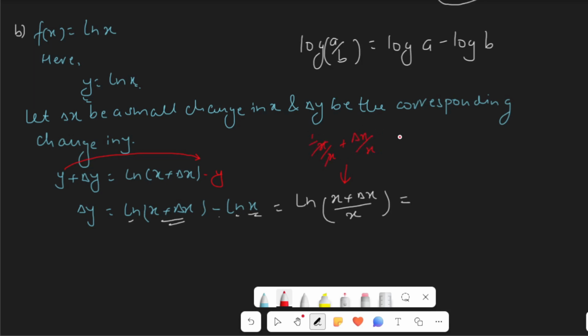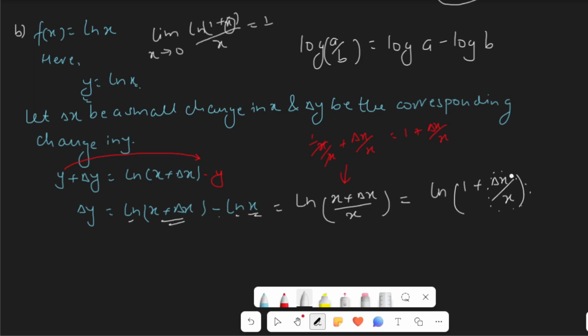And this is 1. So it is equal to 1 plus delta x divided by x. So we can write this as ln of 1 plus delta x by x. Now, if you remember the property of limit for log, it was limit x approaches 0, ln of 1 plus x divided by x is equal to 1. See, 1 plus delta x by x. We have got this form.